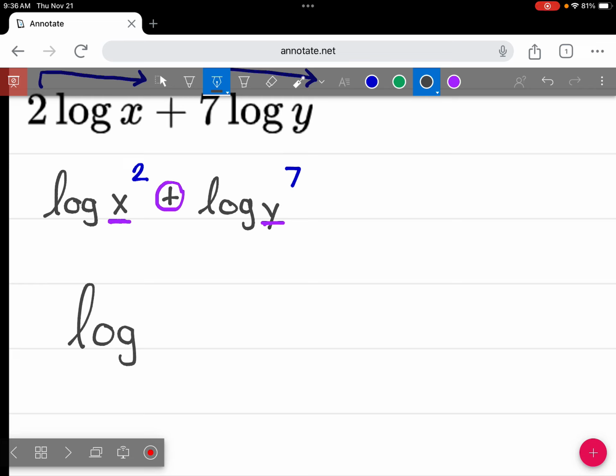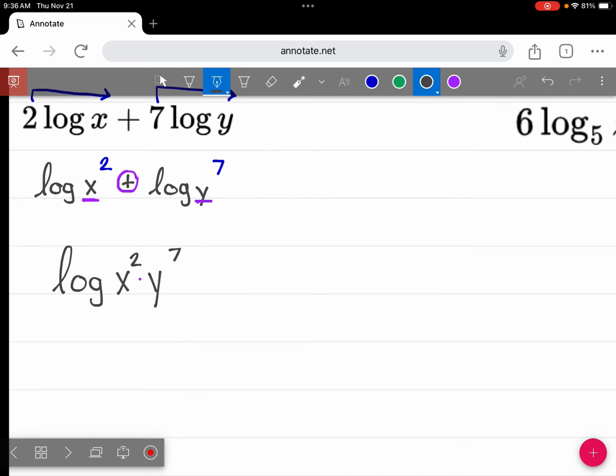So we're going to have my x squared times my y to the 7th. When we are done condensing, we have one single log. So not plus another log, one single log. So that is our fully condensed expression.